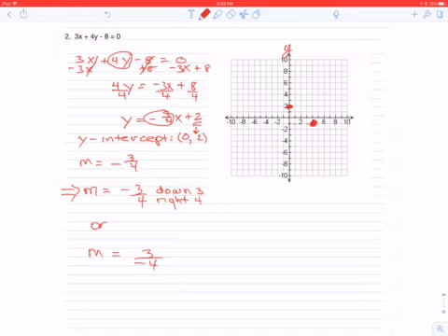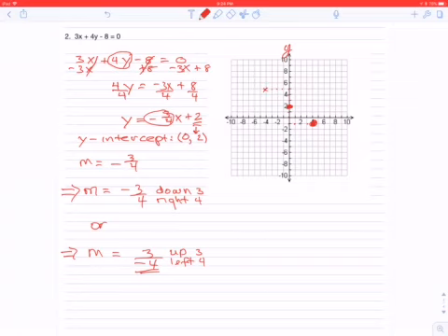So I could have 2 points, just draw my line right now. But I want to show that it doesn't matter whether you use negative 3/4 or 3/-4. So if I use the 3/-4, the numerator is positive, so that tells me to go up 3. The denominator is negative, it says go left 4. So from the y-intercept, I'll go up 3, 1, 2, 3, left 4, 1, 2, 3, 4.